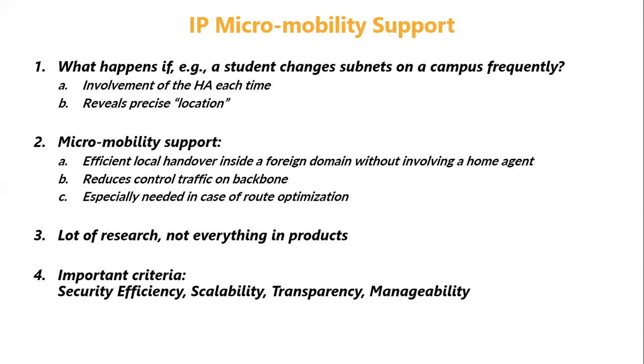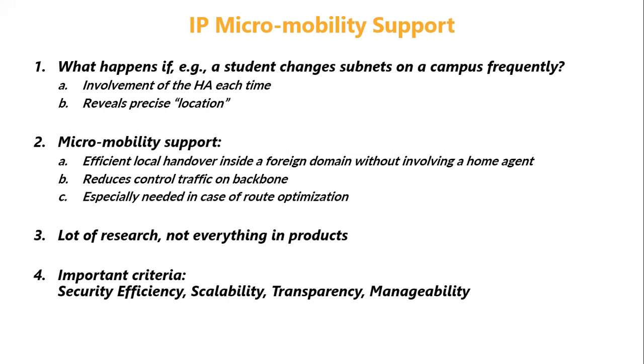Basically, micro mobility means that when the mobile station is moving within a limited geographical area inside a particular main network, that need not be updated to the HA. But in that local network, there will be some router. Whenever any user wants to communicate with the mobile node within this particular foreign network, they will just send the data to the main router responsible for this network.